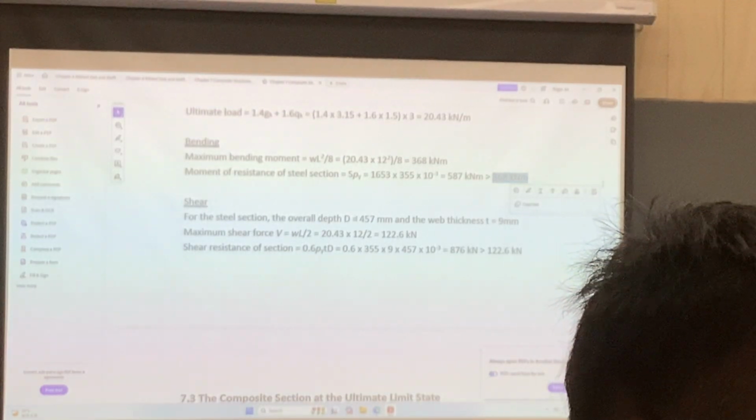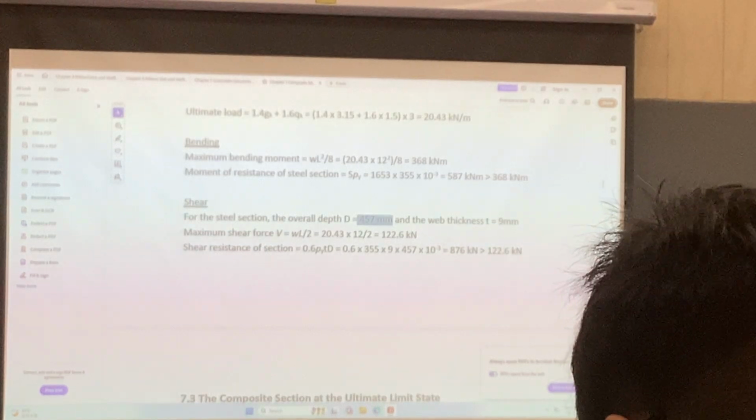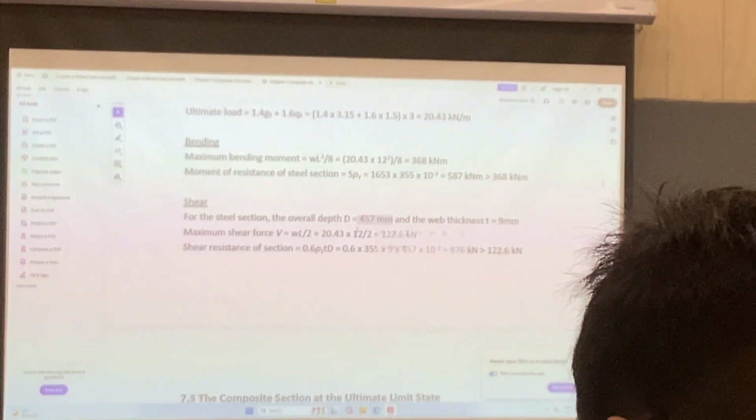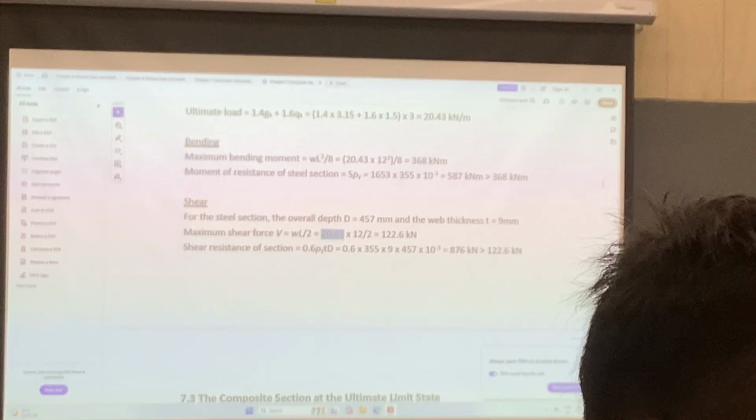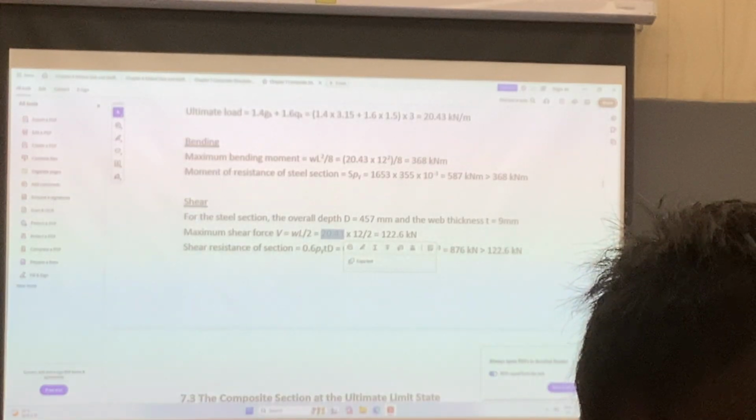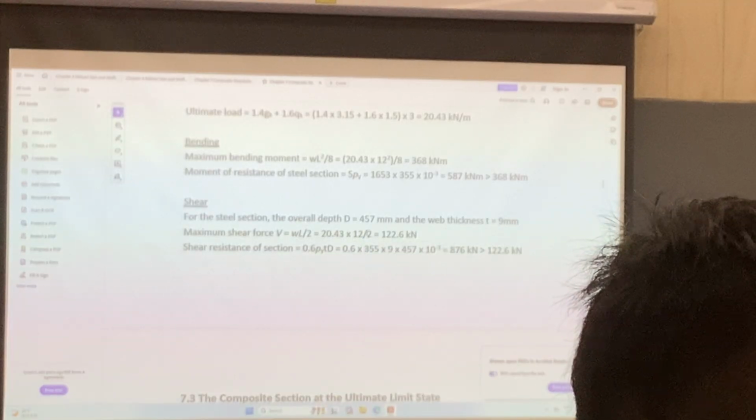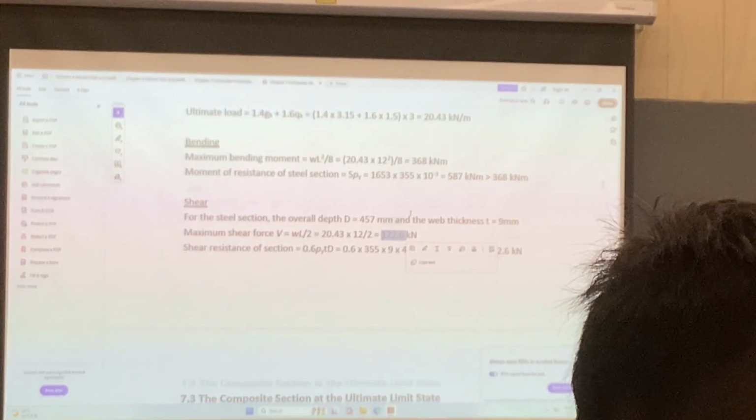And then for the shear, you have the overall depth is equal to 457, and then the maximum shear is 20.43 times 12 divided by 2. So the overall length is 12, and then you divide it by 2. So the shear force is equal to 122.6.